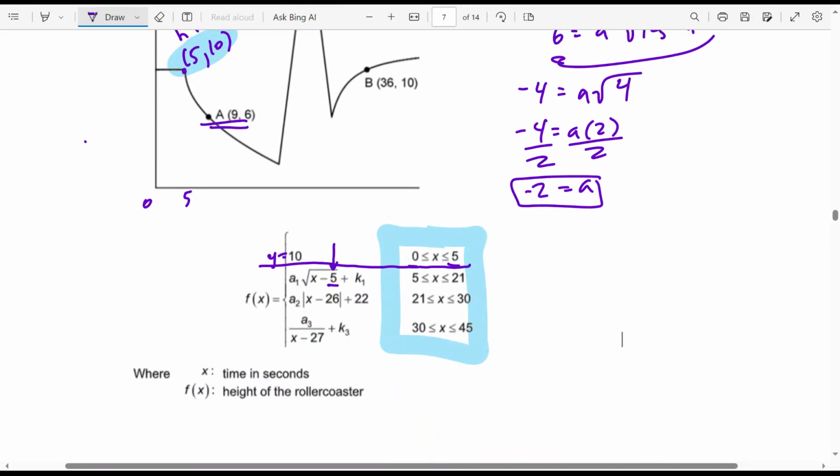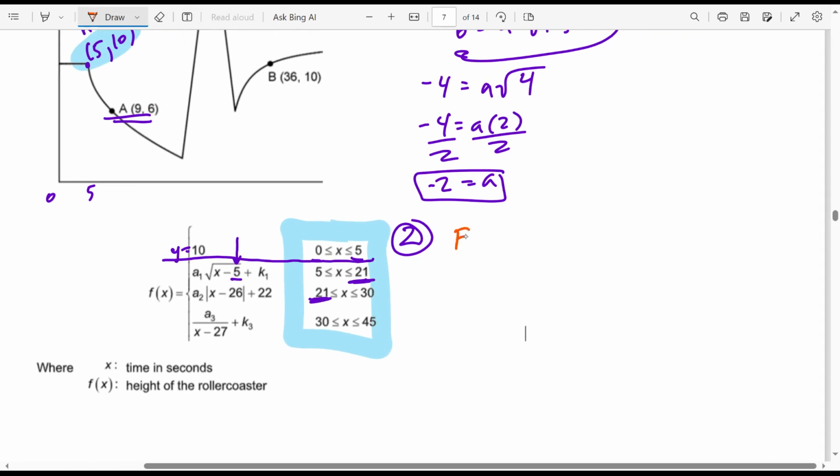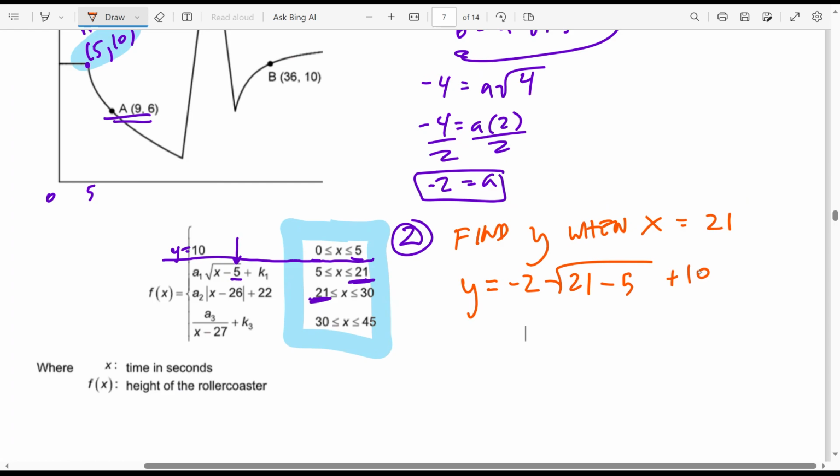So what do I do now? I look at what's the next handoff point. 21. So step 2, find y when x is equal to 21. And that's going to be the next handoff point. So now I'm just going to plug that in to negative 2 square root of 21 minus 5, plus 10.